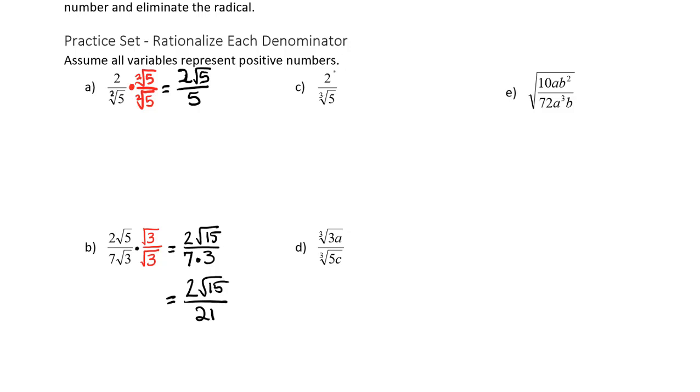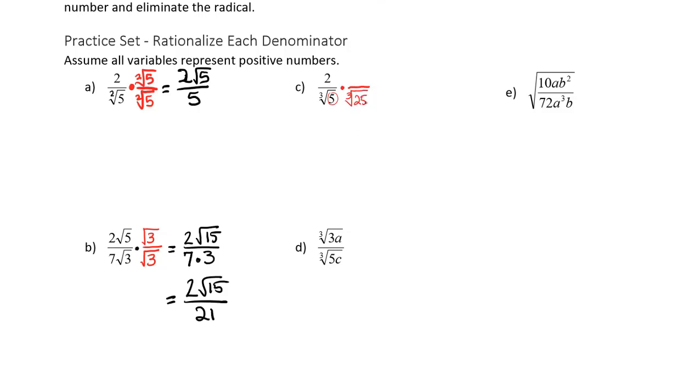Let's try C. C is 2 over cube root of 5. Now, in this case, we can't use cube root of 5 anymore. We have to multiply by something that will build up the radicand, the part inside the radical, to turn it into a perfect cube, not a perfect square. So we need the cube root of 25.